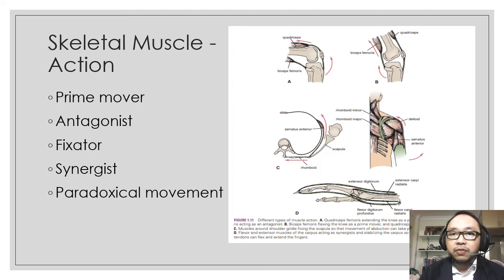This allows the long flexor and extensor muscles of the fingers to work. These terms apply to a particular muscle during a particular movement. They can act as either a prime mover, antagonist, fixator, or synergist, depending on the movement to be accomplished.